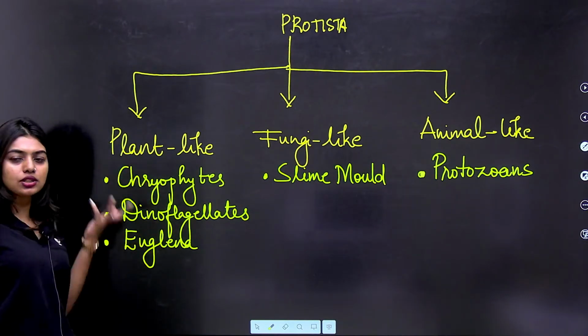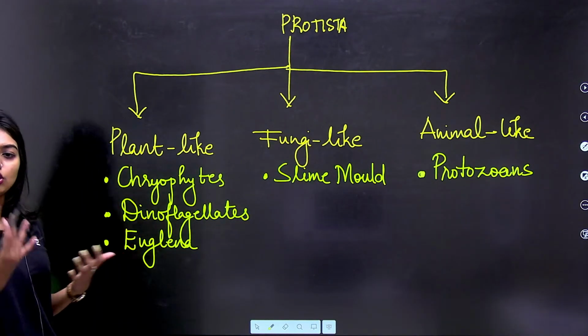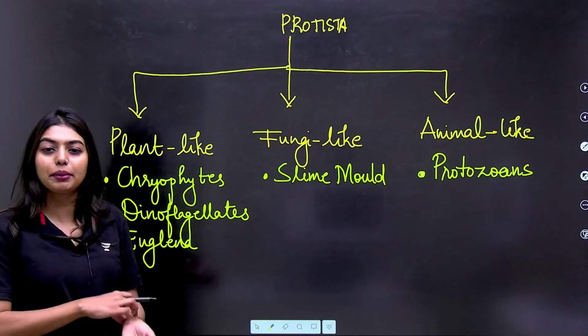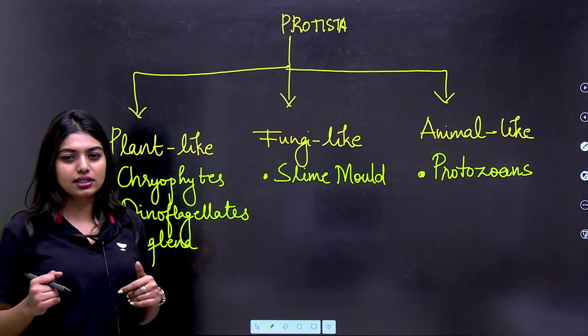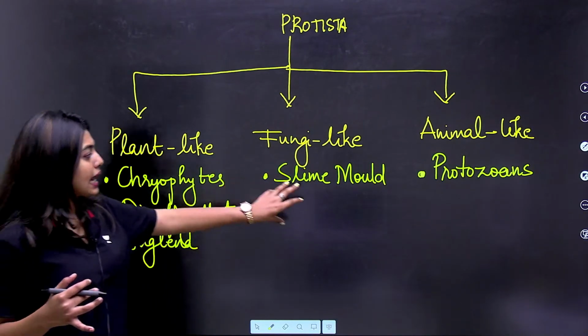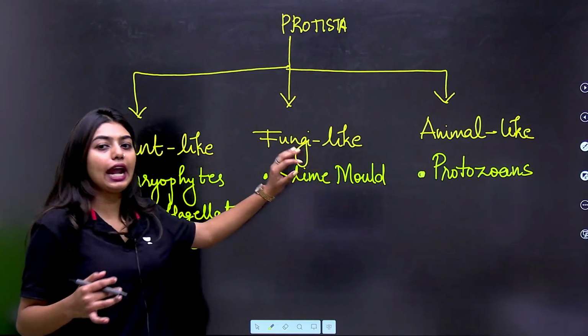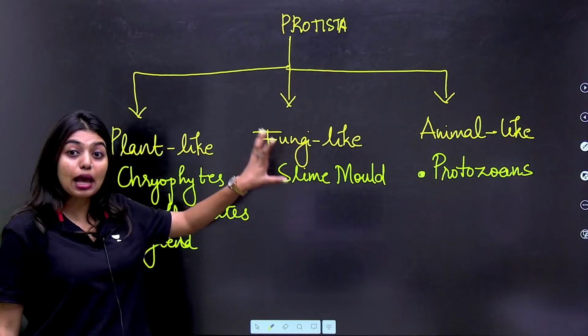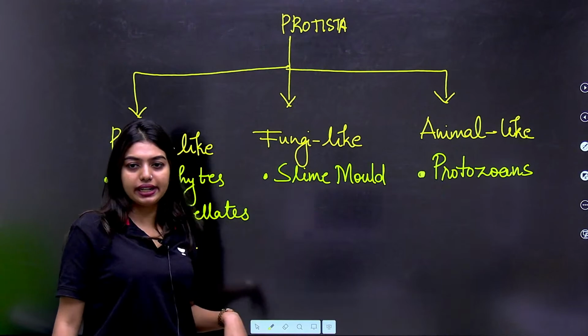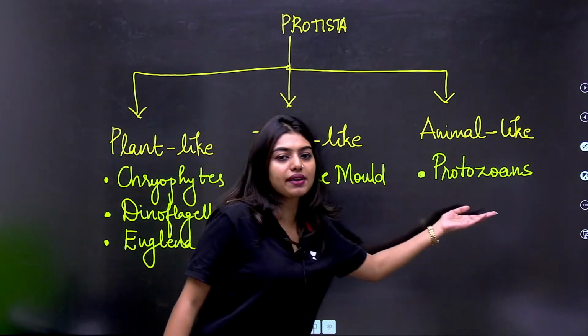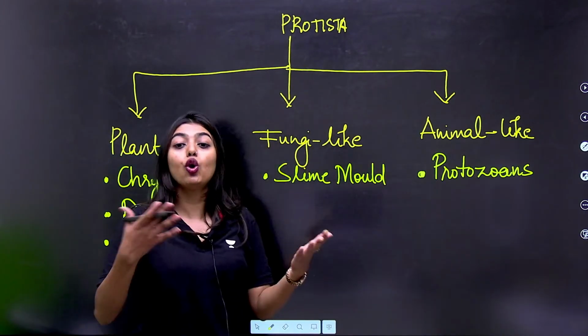See, in this, most of them will have a cellulosic plate, like the cell wall will be made of cellulose. Some will be capable of doing photosynthesis. Here, slime molds are mainly heterotrophic. Under heterotrophic, they are saprophytic. They feed on dead and decayed matter. Here, protozoans have locomotion.